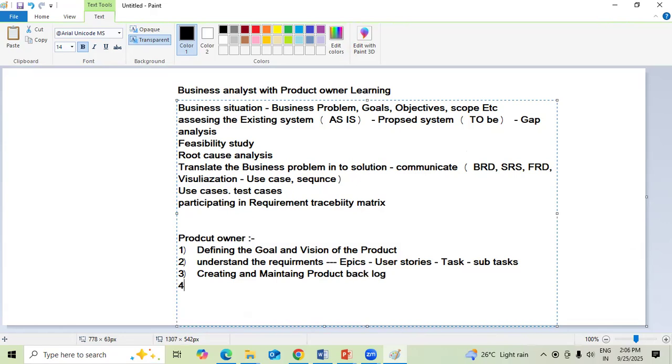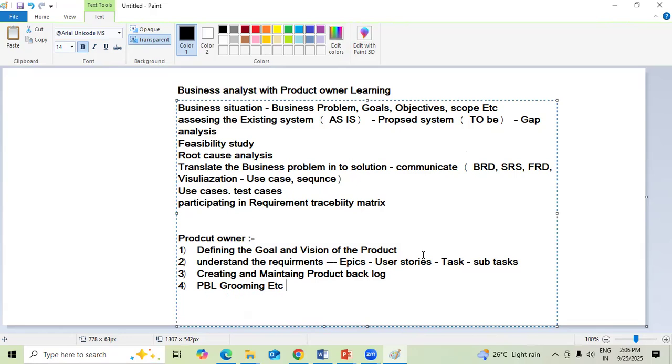Next, product backlog grooming as well. This is all something as a product owner we do initially to start with, meaning translating from a BA role to a product owner. Because the product owner, as I mentioned, is a tactical role.